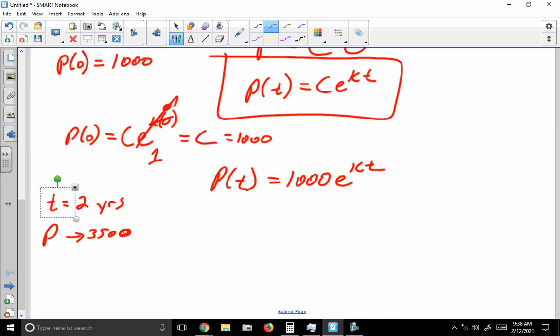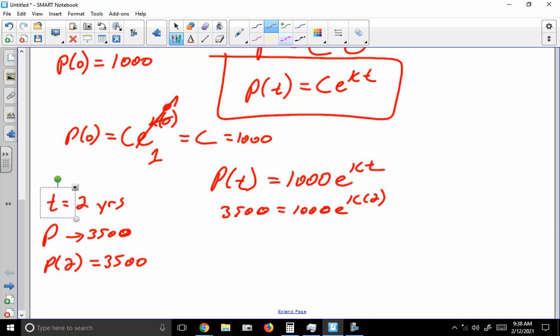So that's another data point. That's when t is 2, population is 3,500. So that should allow us to find k. So we can replace the population with 3,500, put in 2 in place of t, and then we can solve that for k.